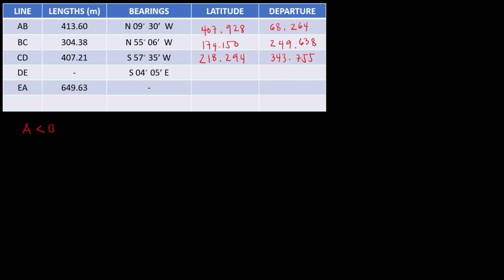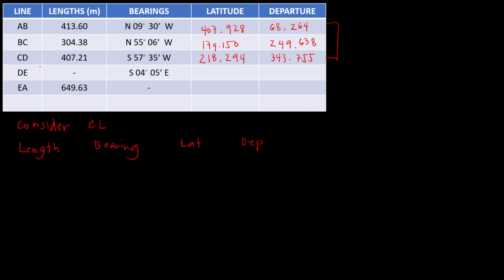Gamitin natin itong mga nakuha nating latitude and departure dito. Dito lagay na lang natin length tapos bearing, and then latitude and departure. Dito i-consider natin yung CL natin, closing line.